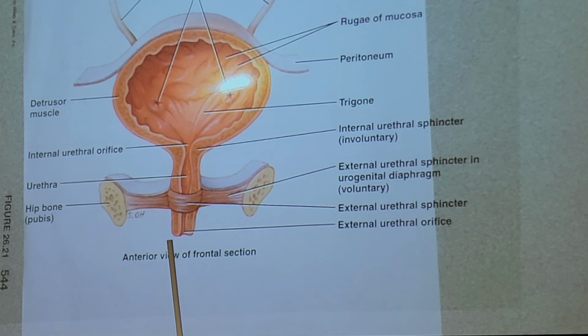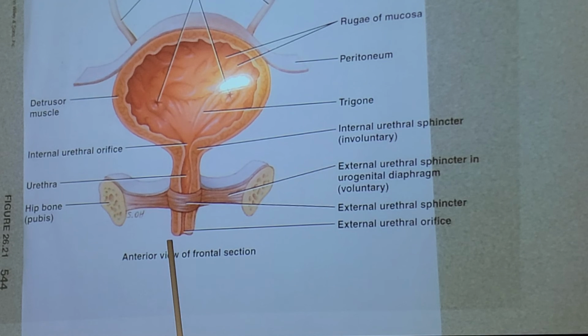Usually an infection comes from the outside inward, so it migrates up the urethra to the bladder. So a UTI is from the outside. I want you to think about this: you probably do this all the time and don't even think about it.